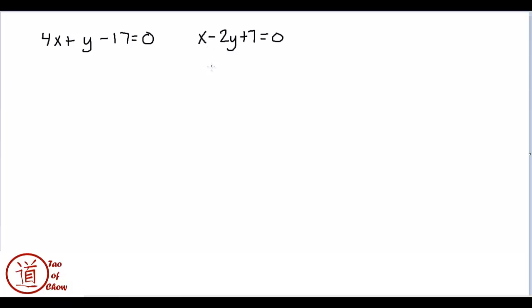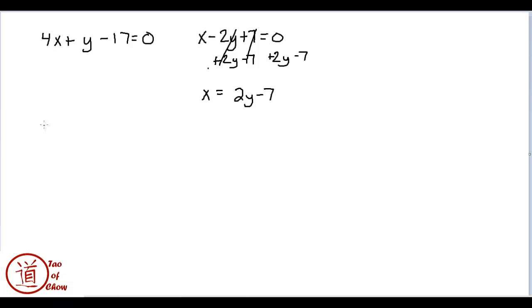So I'm going to add 2y to both sides, and I'm going to subtract 7 from both sides. Then what I get is x is equal to, these eliminate, 2y minus 7.